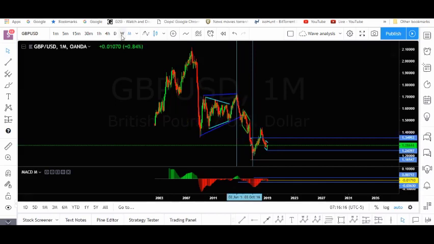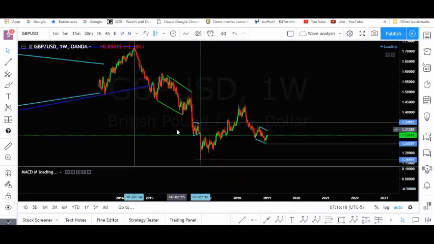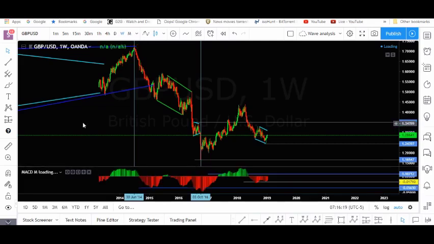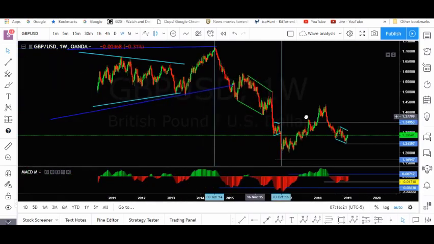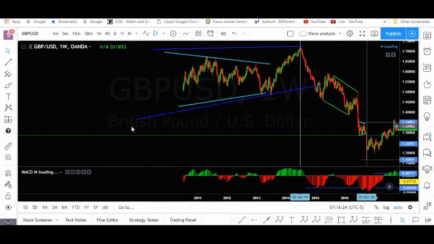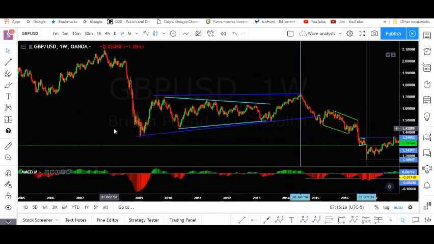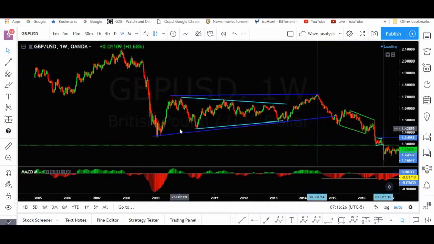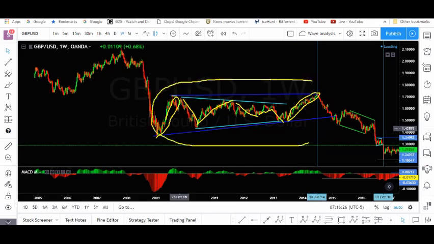So let's go into a weekly and see how that looked in the weekly. Let's scroll back. And then basically here on the weekly, you can see you had this impulse move, and then here you had a contracting flat, and then it went up, made the next impulse move, and then we completed the monthly regular flat.